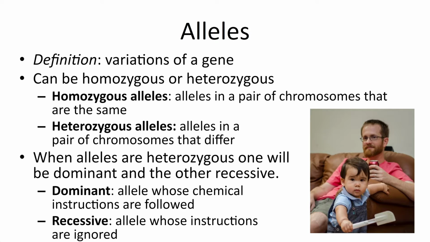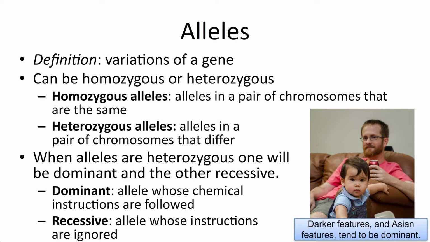And that's because certain traits, a lot of Asian traits in particular, tend to dominate Caucasian traits. And other traits that tend to dominate tend to be darker tones. So like darker hair color, darker eye color, those also tend to dominate in humans. But it's a lot more complicated than just simple things like darker colors dominate. There's a lot of complexity when it comes to this dominant and recessive hierarchy.